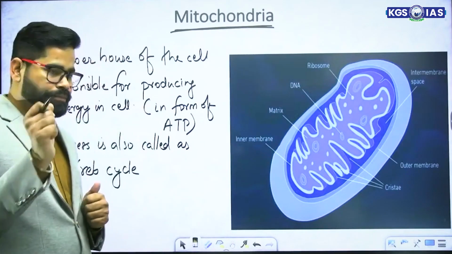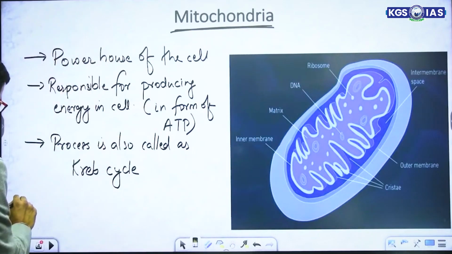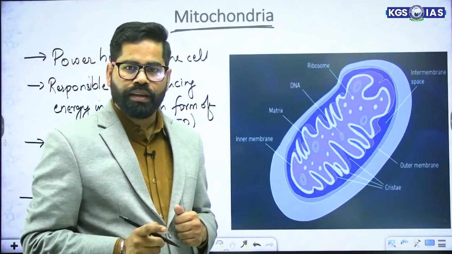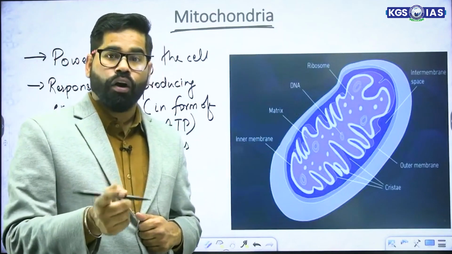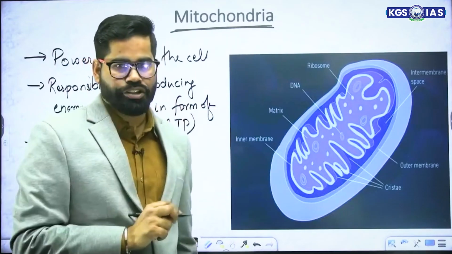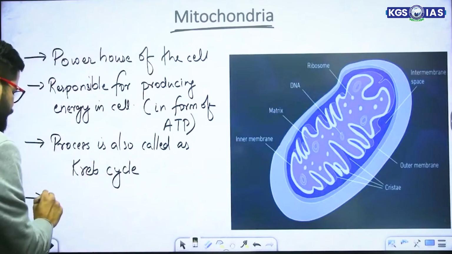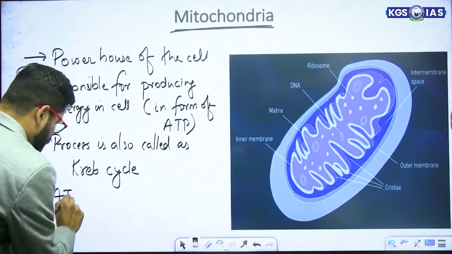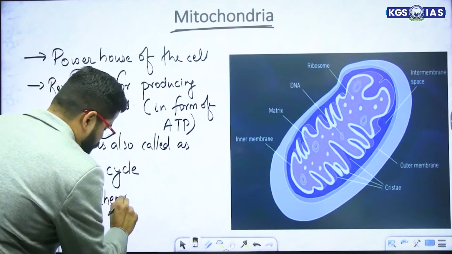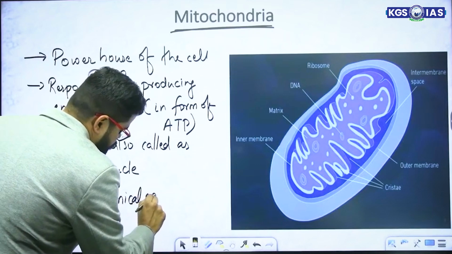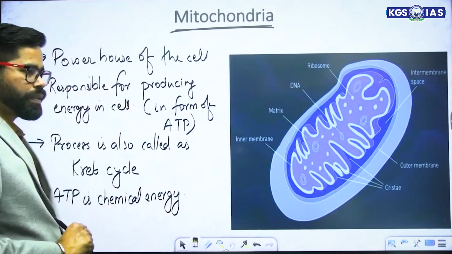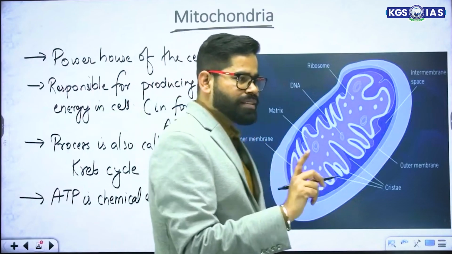Remember one thing: the mitochondria is producing and storing the energy in the form of chemical energy. ATP is a form of chemical energy, and it remains stored.